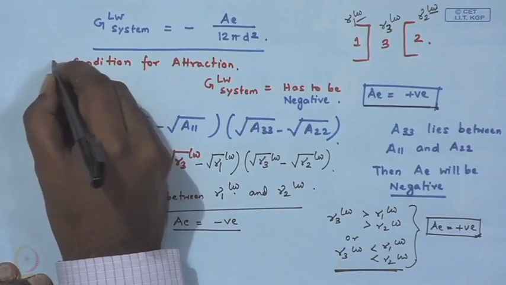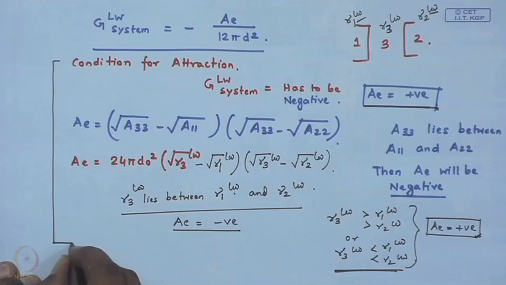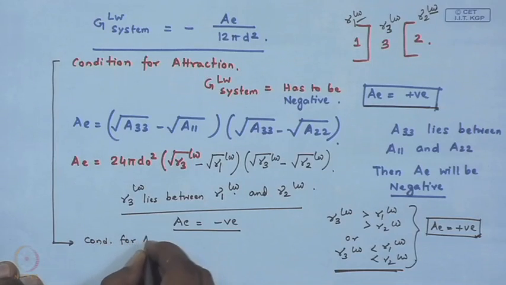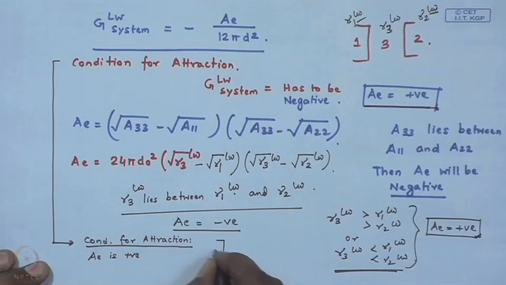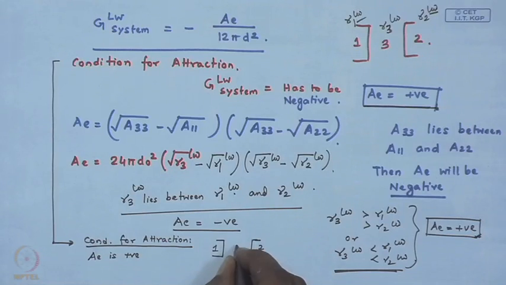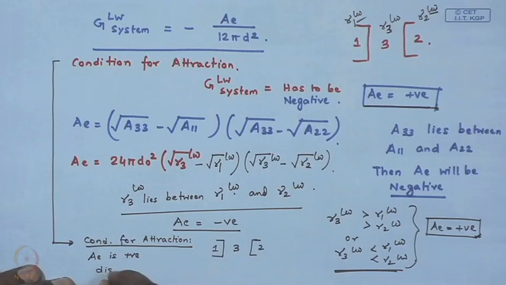So, a condition for attraction, I would just reiterate, is AE is positive, attraction between 1 and 2. So, they will come in close contact with each other by dislodging the film of 3.